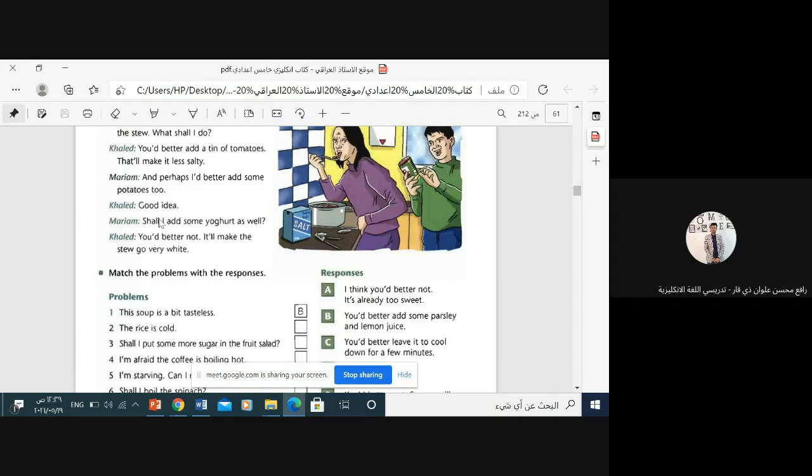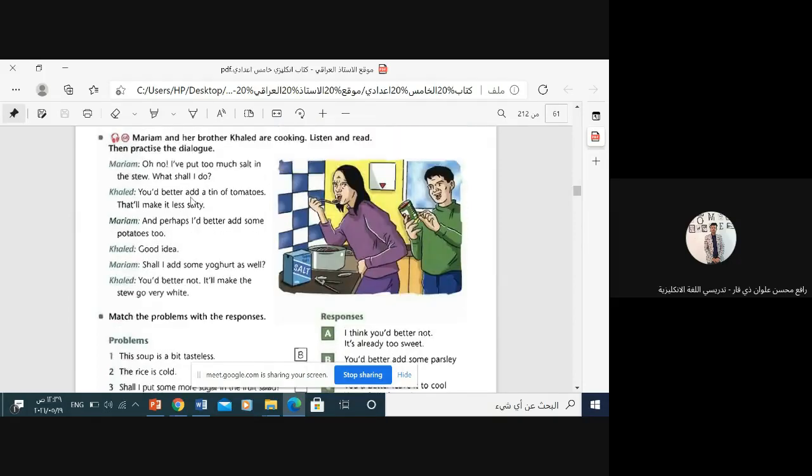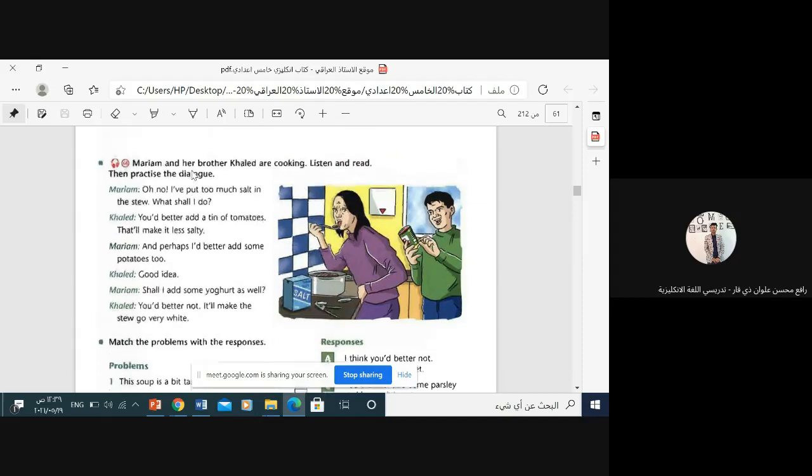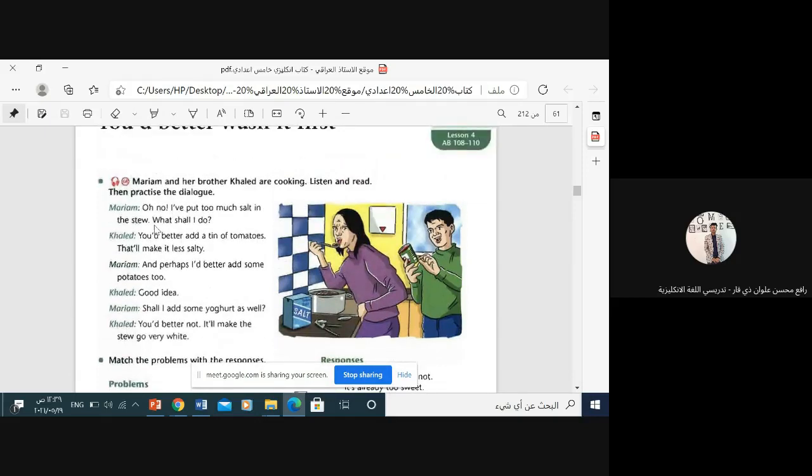Look at this dialogue, and we have to underline the most important phrase, or we can say the use of had better here. What shall I do? You'd better add a tin of tomatoes.